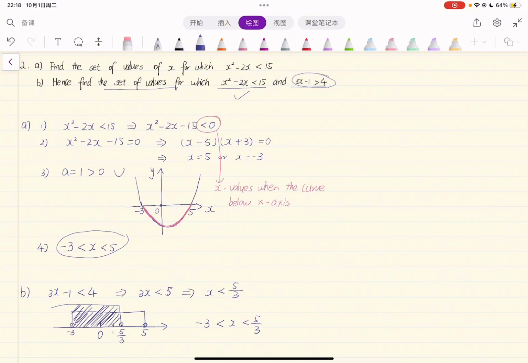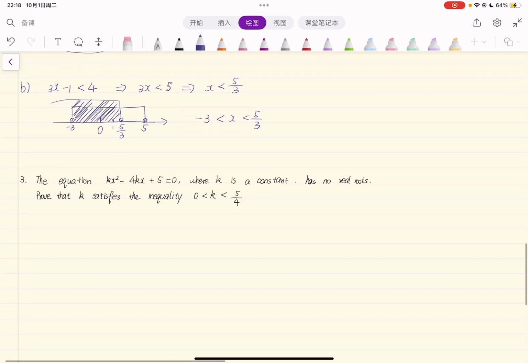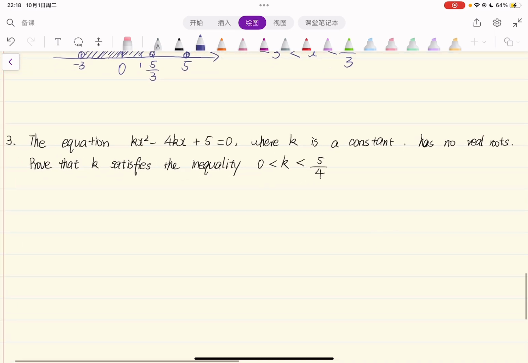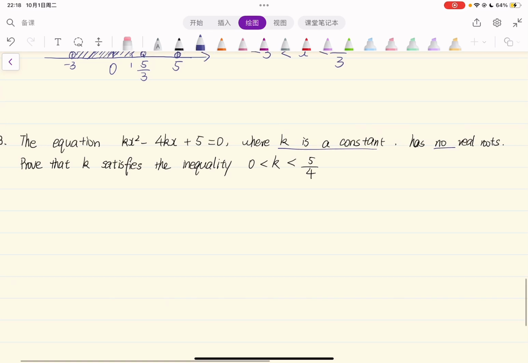Now let us move on to question 3. The question says that the equation kx squared minus 4kx plus 5 equals 0, where k is a constant, has no real roots. Prove that k satisfies the inequality that k is less than 5/4 and greater than 0.